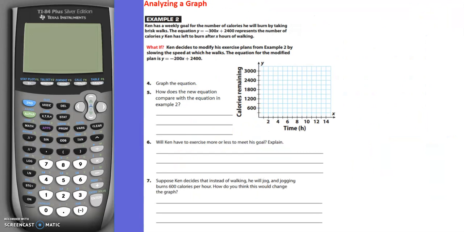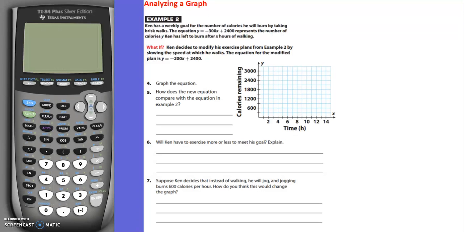On the back side, example 2. Ken has a weekly goal for the number of calories he will burn by taking brisk walks. The equation y equals negative 300x plus 2,400 represents the number of calories Ken has left to burn after x hours of walking. So what if Ken decides to modify his exercise plans from example 2 by slowing the speed at which he walks?